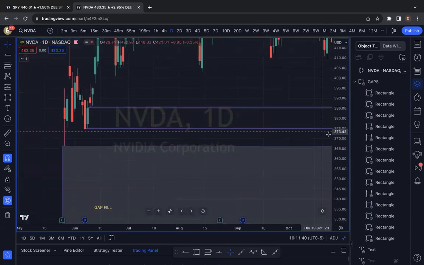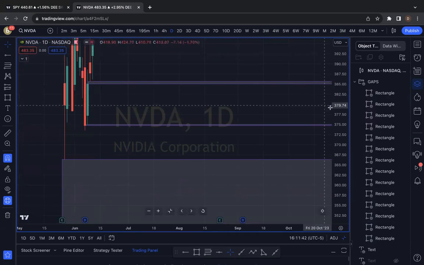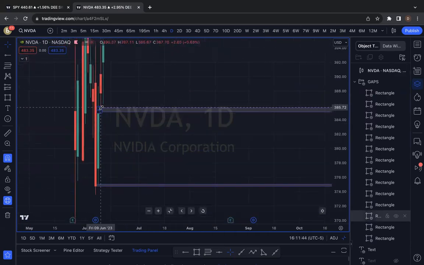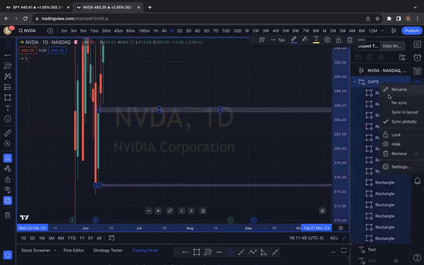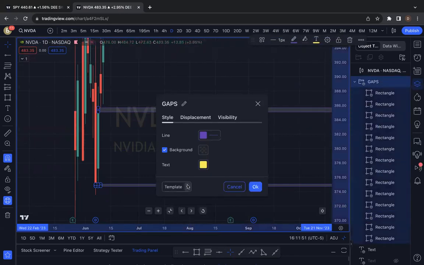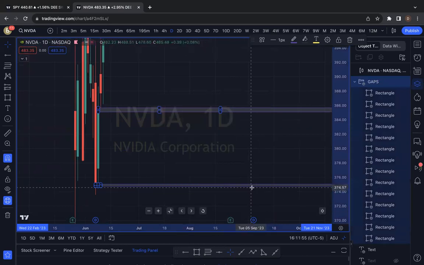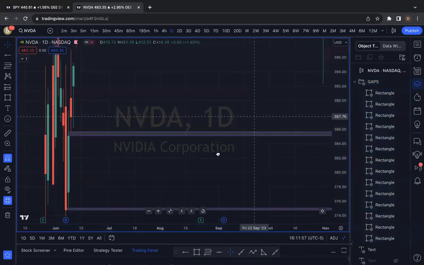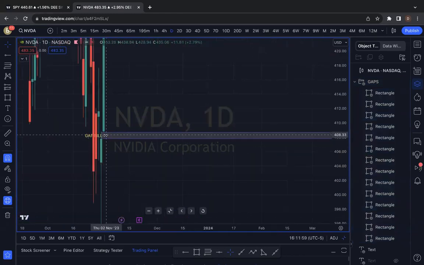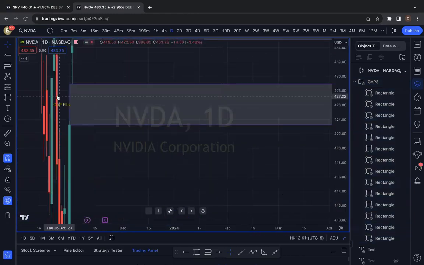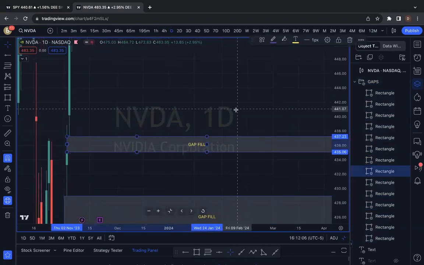Now, the reason you may not see some is because the rectangle is too small. So you may just want to drag it out. And let me try that one more time. And they all say gap fill now. But some of them you have to drag the rectangle out if you want it to do that, right?